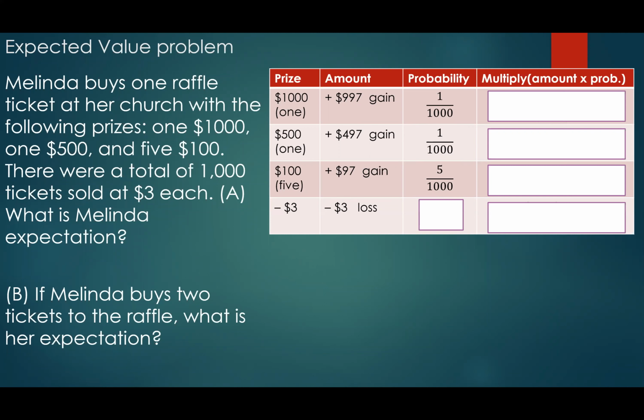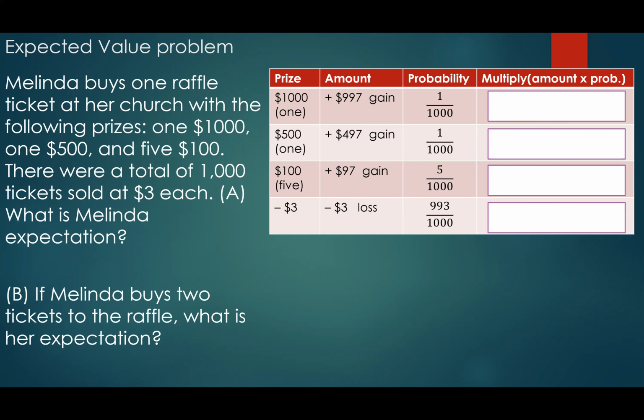If you add this, you have 1 ticket winning the first prize, 1 ticket winning the second prize, and 5 tickets winning the consolation of $100. Do you agree that there are a total of 7 winners and there are 993 losers here, right? Because only 7 can win the first prize, the 1,000, the 500, and the 100.